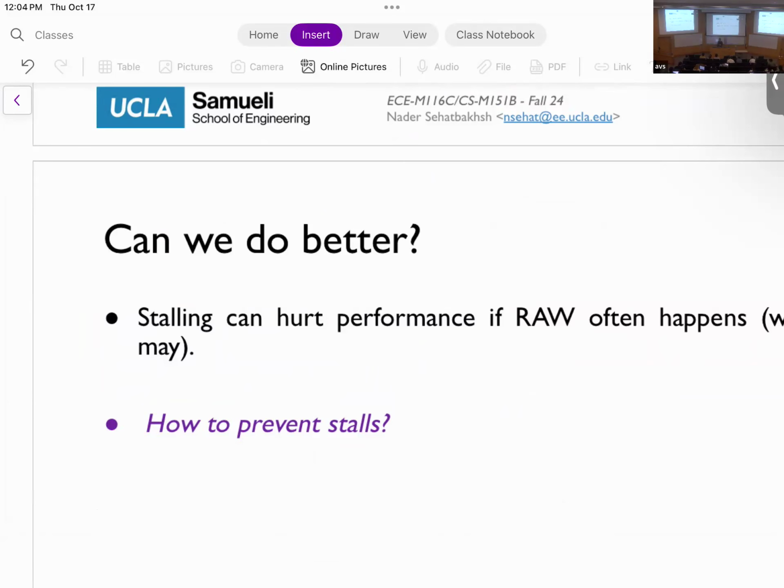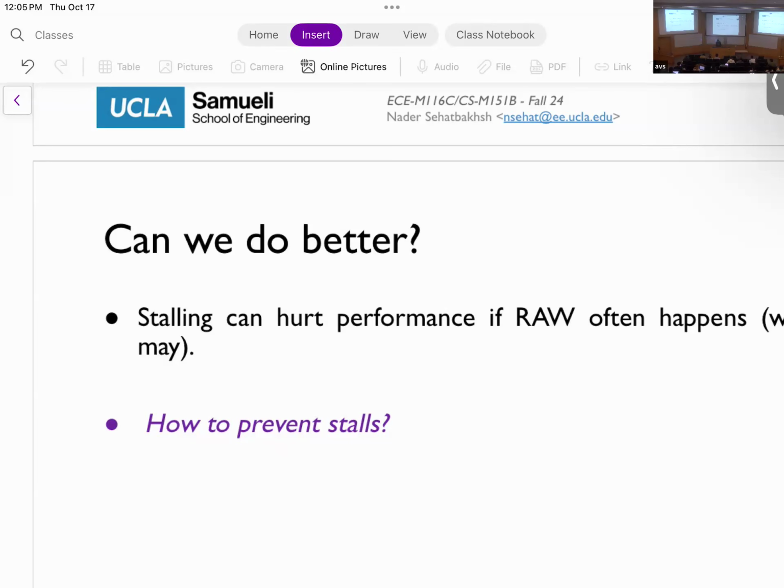We talked about one solution for this, and that was stalling. The stalling could happen in hardware or software. In software, you can add no operations to your instruction set. That's typically what we don't do because it has different problems, including increasing the size of your instruction memory and so on and so forth. What we usually do is we implement this in hardware, as I showed you last time.